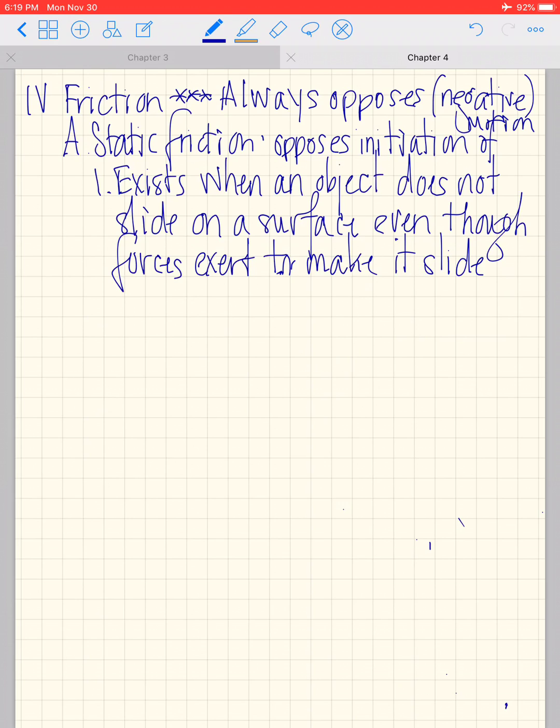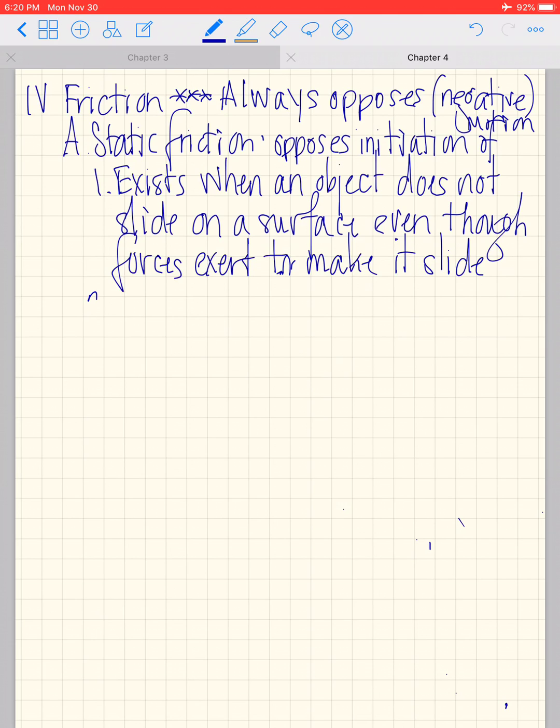It exists when an object does not slide on a surface, even though forces exert it to make it slide. The force that was exerting on the mug was its weight to pull it down, so something had to be balancing it out to keep it from moving, otherwise there would be acceleration. If there's no acceleration, then you have balanced forces, so something had to balance my weight, and in this case it is static friction, the friction that opposed the initiation of motion.